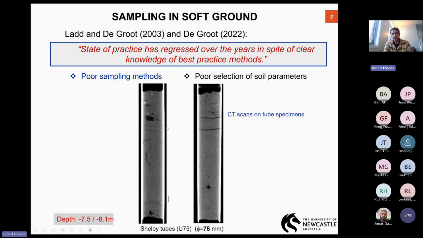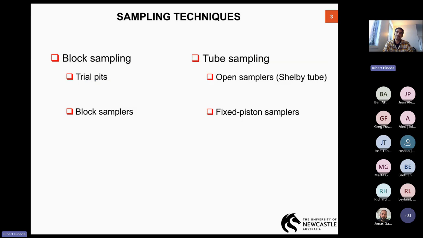They have vertical cracks, subhorizontal cracking, holes, fissures and cavities that we can't see in normal practice, because we normally don't have testing methods like the CT scanner. Because we are testing highly disturbed material, the soil properties we obtain from the laboratory tests we normally run are not good quality. They are not representative of the in situ material.